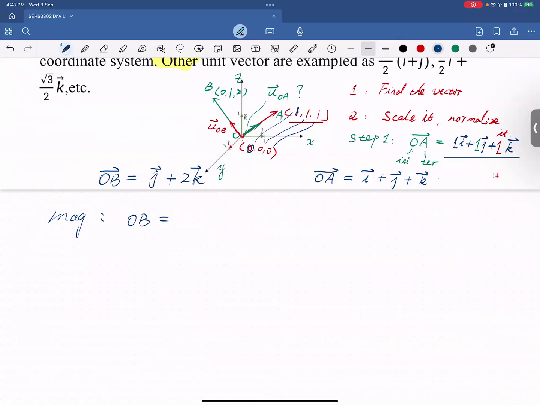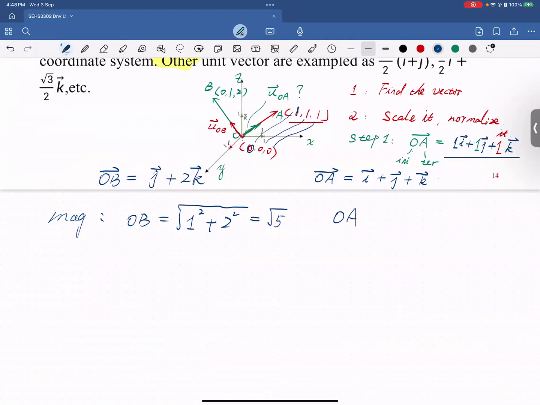Use the Pythagoras rule. We know it is 1 square plus 2 square and square root, so it is root 5, and this is the magnitude of OB.